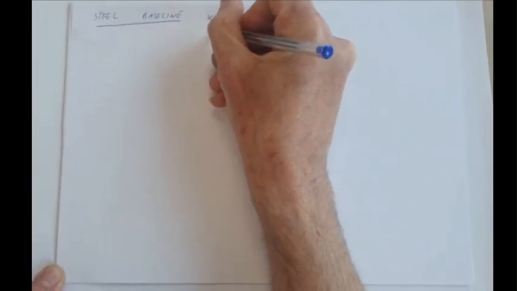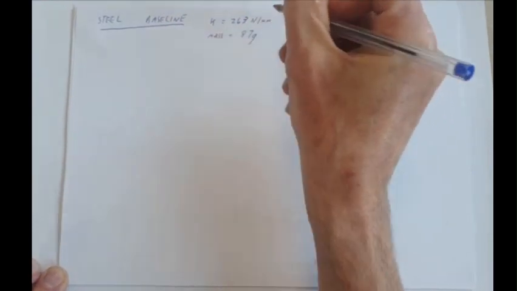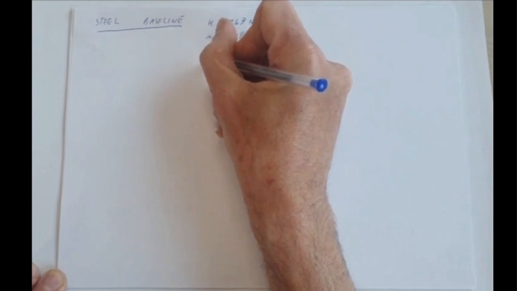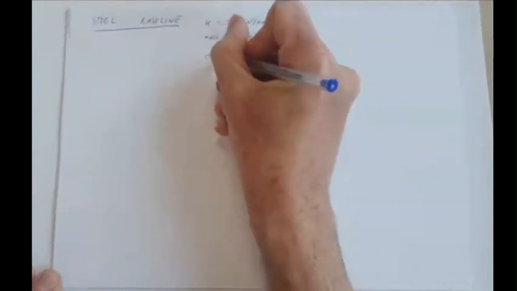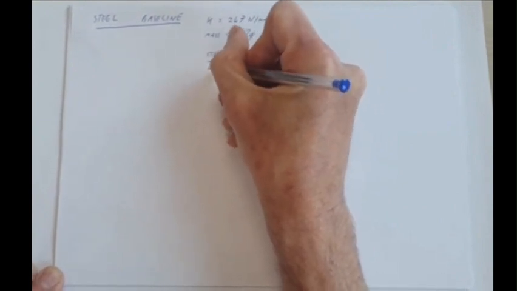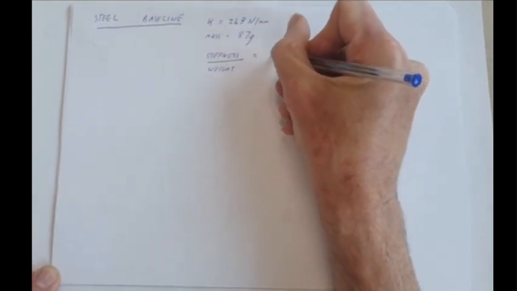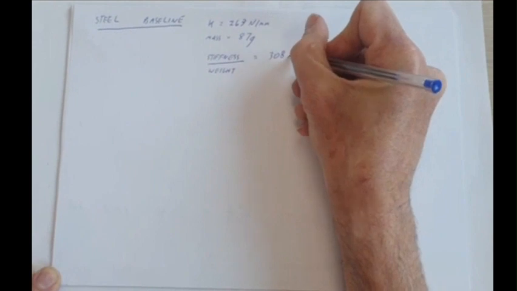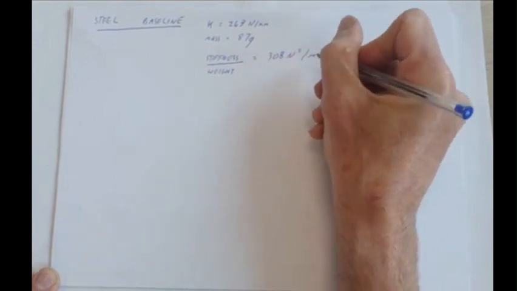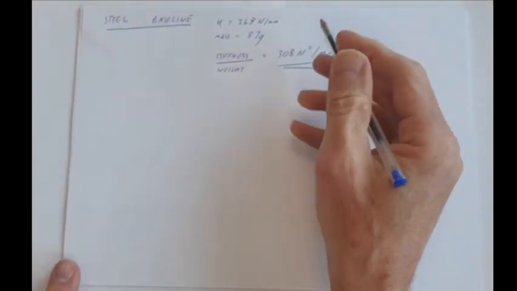The mass was 87 grams, and that gave us a stiffness to weight ratio of 308 newtons squared per millimeter. Like I say, don't worry too much about those strange units. The thing that's important is that number there, 308.